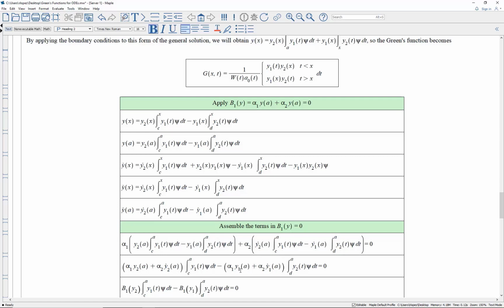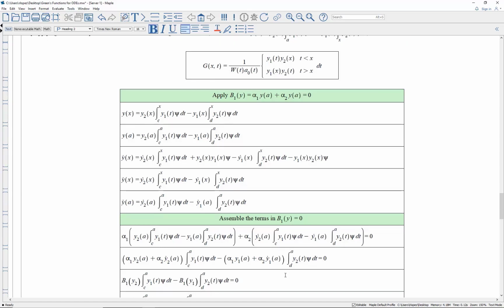And this guy is B1, alpha 2, applied to y1, y1 prime, times that integral. This has to vanish.